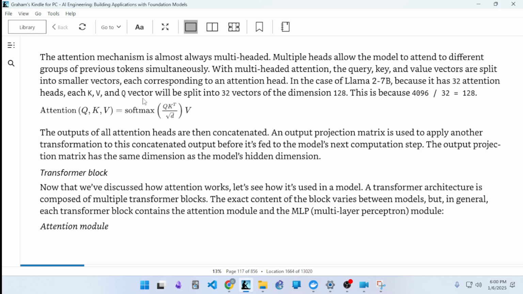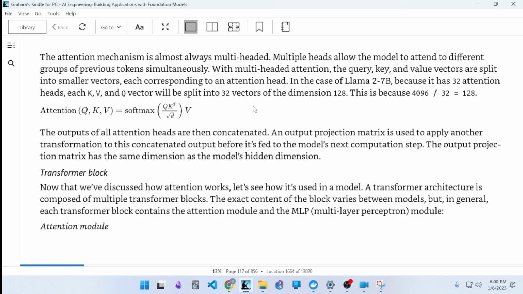So the attention of the query, key, and value equals the softmax of query times K raised to T. I don't know what the T stands for there. It's not shown what the T stands for.